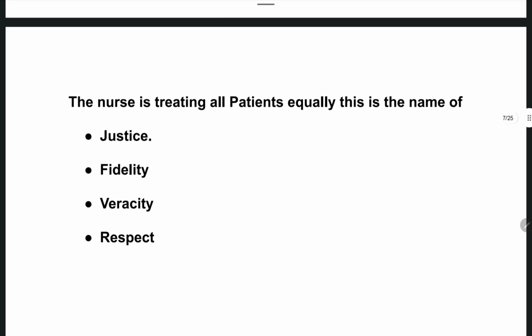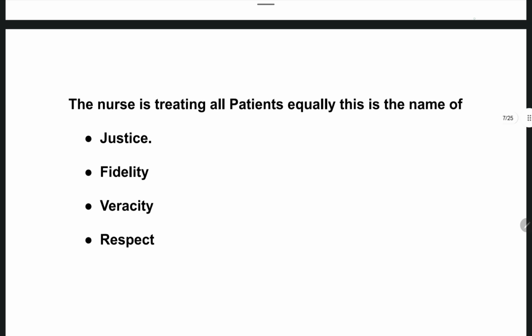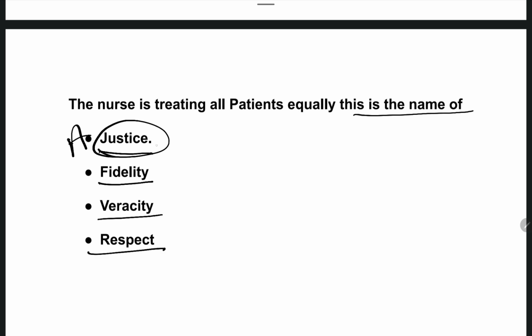The next one is, the nurse is treating all patients equally. This is the name of. A nurse is taking care of all the patients in a ward. So this kind of behavior is known as: options are justice, fidelity, veracity, and respect. The right one is option A, justice.